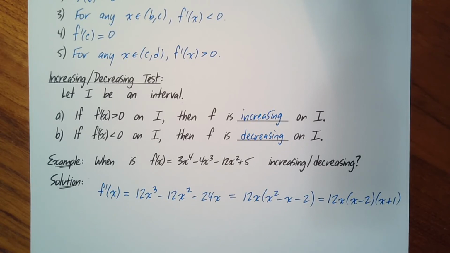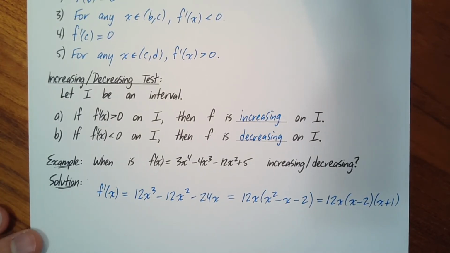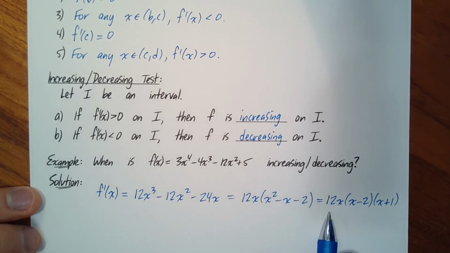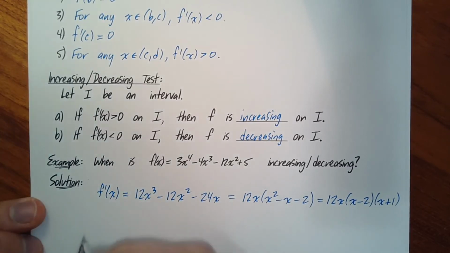Well, in order to answer that question, we're going to start by finding the places where the derivative is equal to 0. And that is actually what's going to allow us to answer the question. So really what we're looking for is critical numbers. We want to first start these questions by finding the critical numbers. So the fact that we've written our derivative and we've completely factored it, like you see here, that's a good start. So let's find the critical numbers.